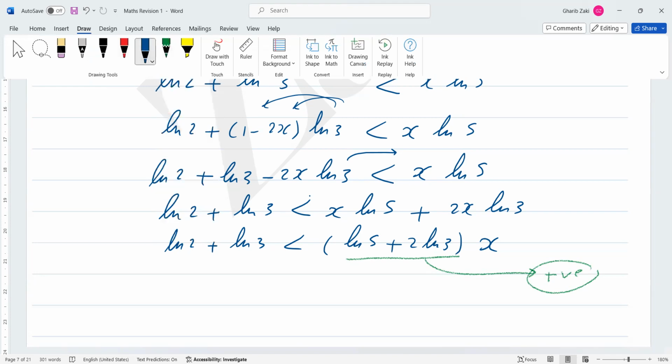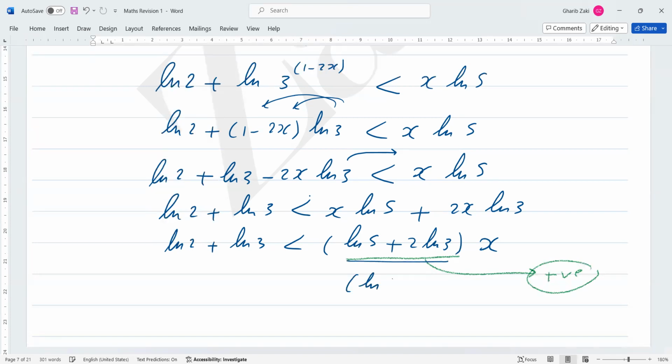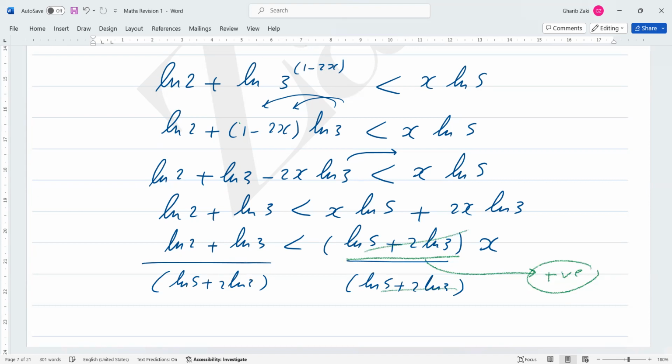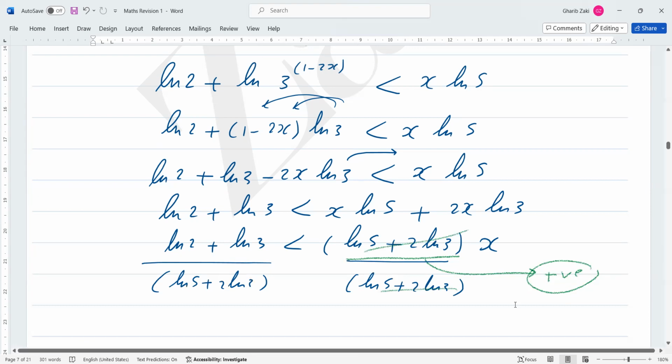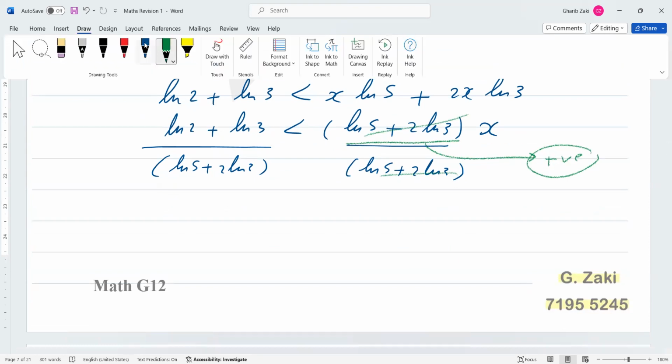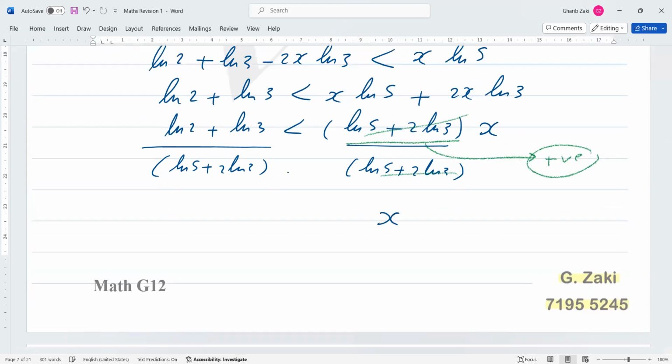Then divide by this bracket, ln 5 plus 2 ln 3. Also this side, divide by ln 5 plus 2 ln 3. Why? To cancel this bracket with this bracket. Then for the set of values, we write x here in the same place.